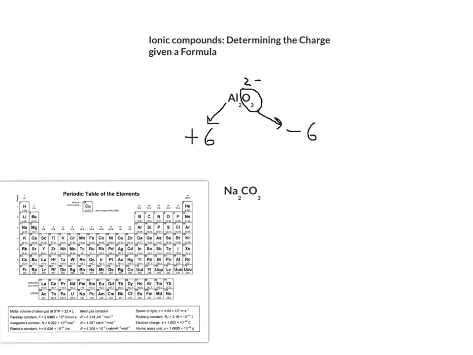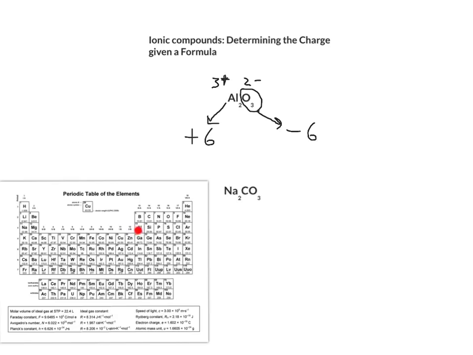But you have 2 aluminum cations. So plus 6 divided by 2, since you have 2, means that the charge of the aluminum is 3 plus. And we can confirm that by looking at the periodic table. Aluminum is here.